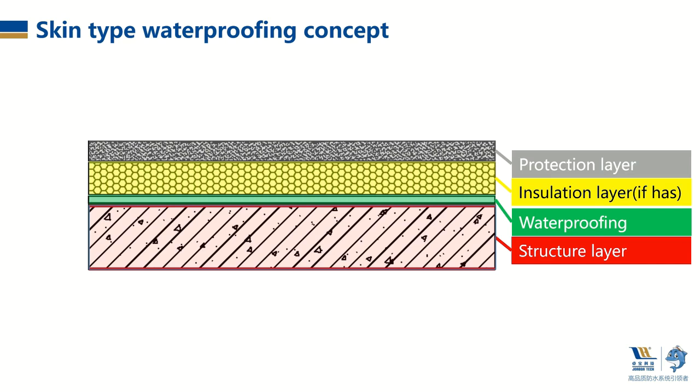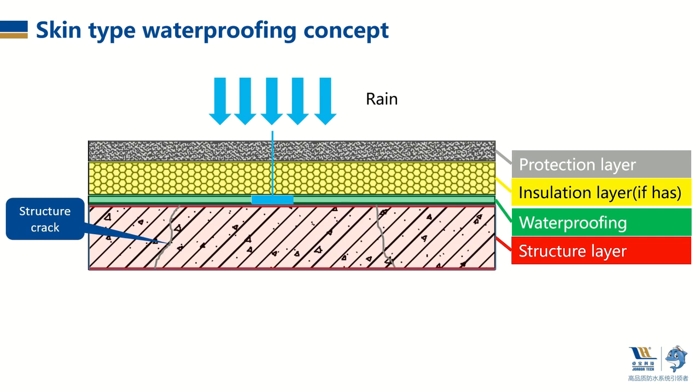There are damaged points in the waterproofing. When it rains, the water goes in. But as there are no other layers between the waterproofing and the substrate, the water will be limited to the damaged points. We suppose there are structure cracks.